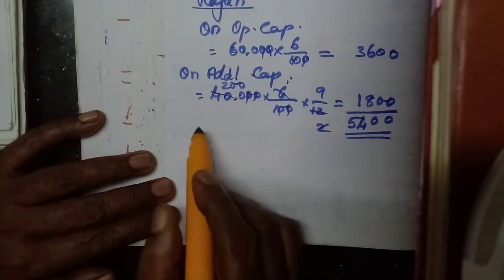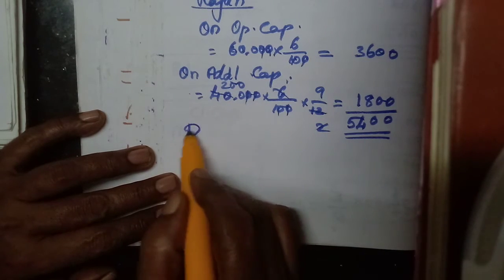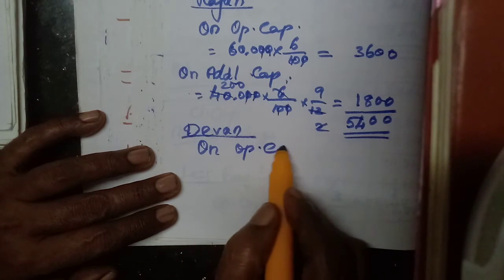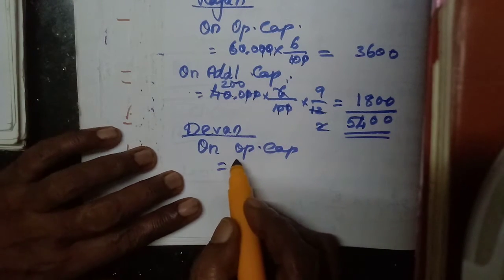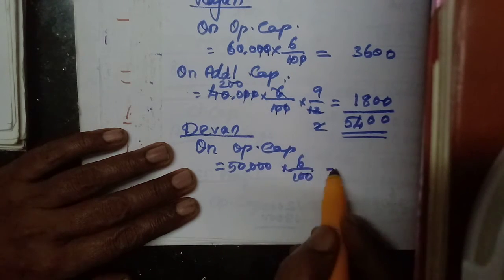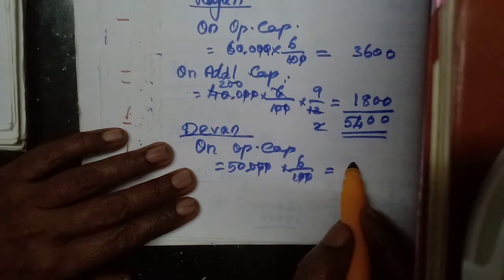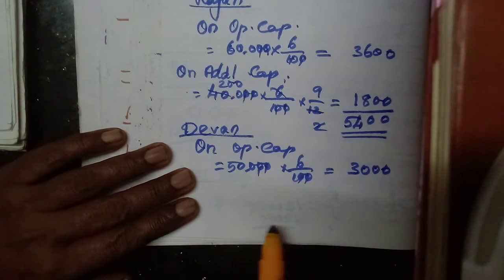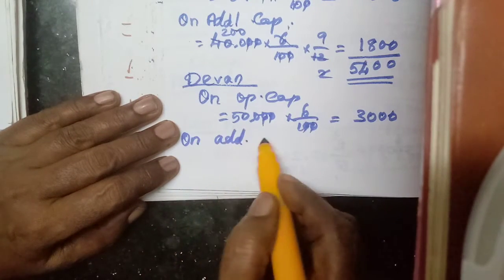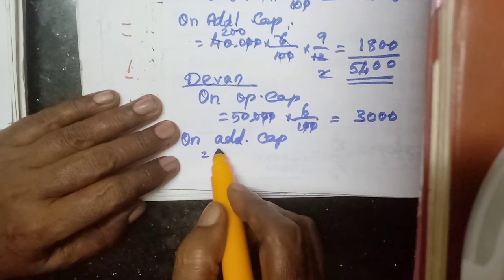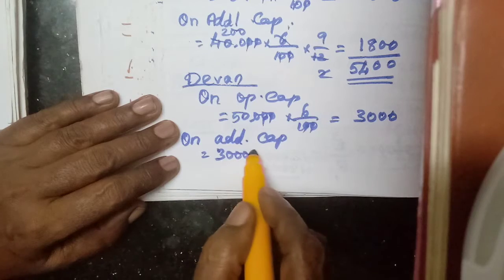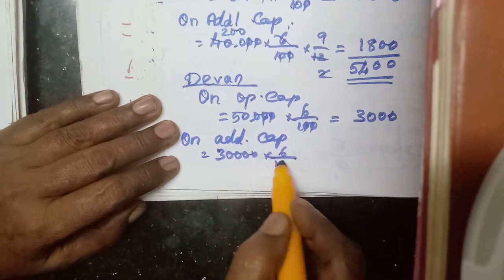Then next partner, Devan, on opening capital. Opening capital is 50,000 for him into 6 by 100, which is 3,000. Next one, on additional capital. How much is the additional capital of Devan? 30,000, rate 6 by 100.